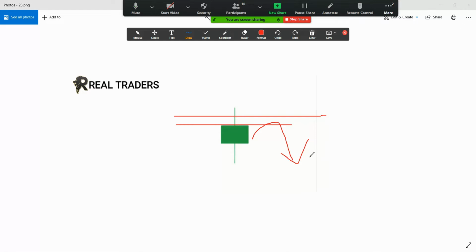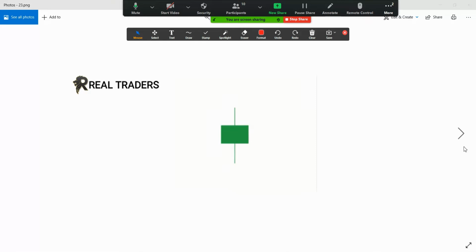So at the SNR level this candle is also the same as hammer and inverted hammer. The color doesn't matter, red or green. In the middle it will continue, and at the SNR level it will reverse the market. So we need to check the level also in order to trade with this candle.